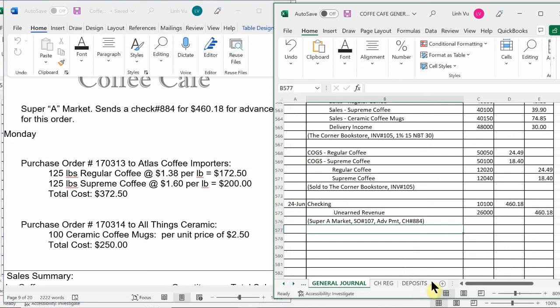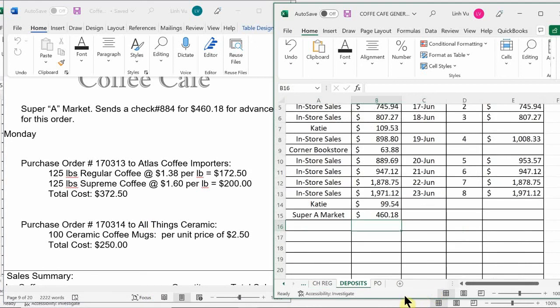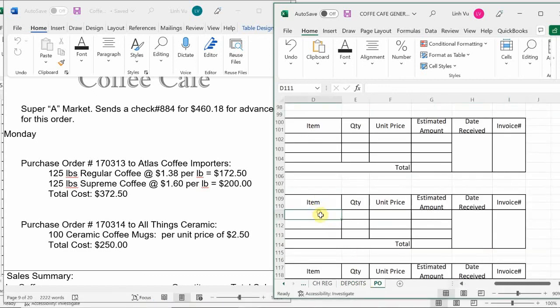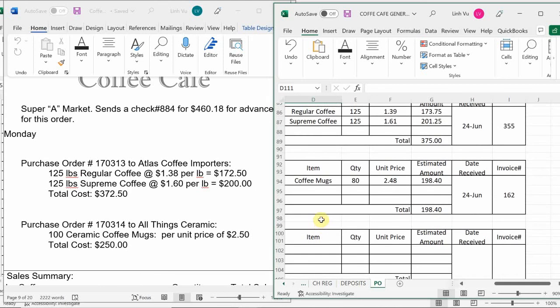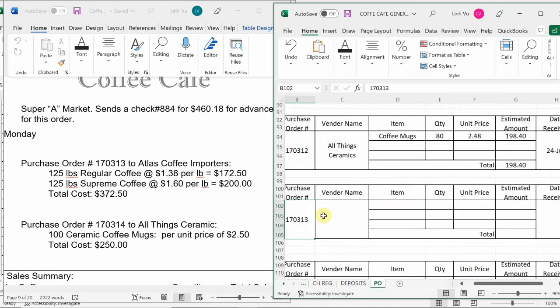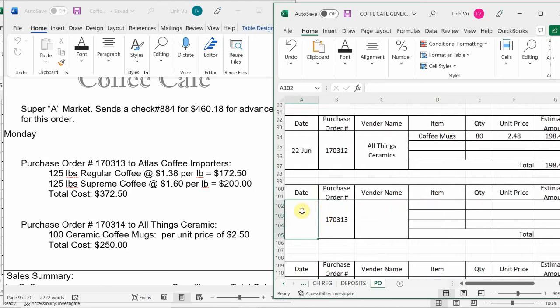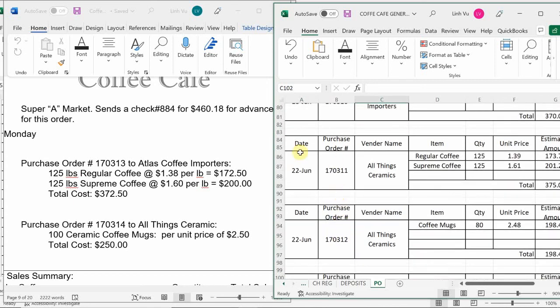We go to our purchase orders. What are we ordering now? Coffee. We're ordering more coffee from Atlas Coffee.